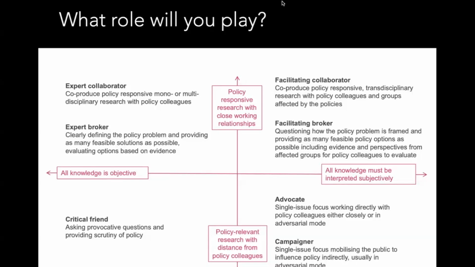And so for me, this is something that I will only use where I've got a particular issue that I'm working on, where there is some kind of very clear right answers in terms of both the evidence and the morals of something. So yeah, climate change would be an example of this. I could present a load of different economic pathways, which are all about economic growth and polluting the planet.